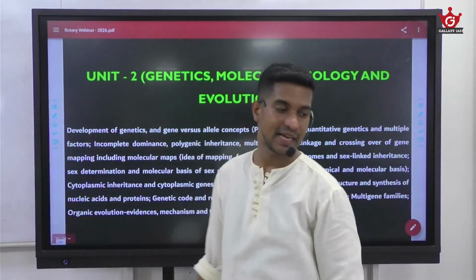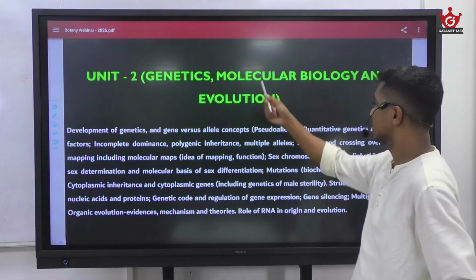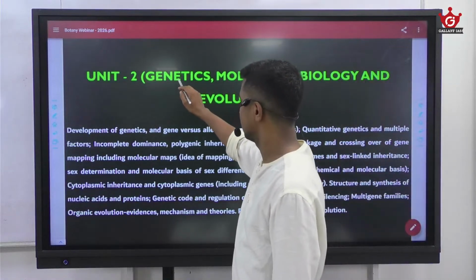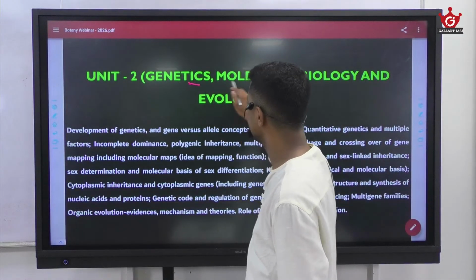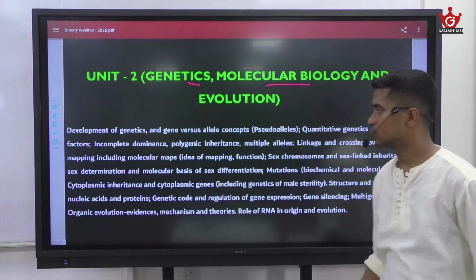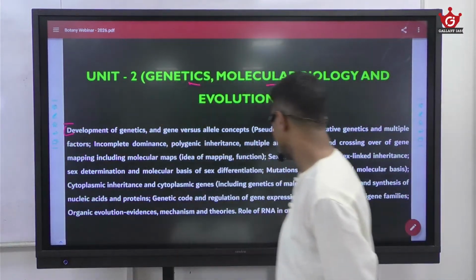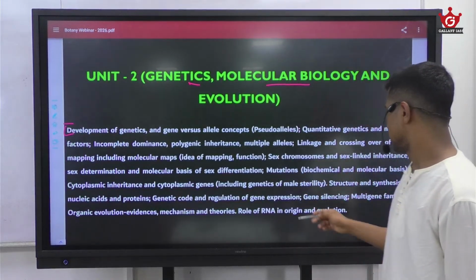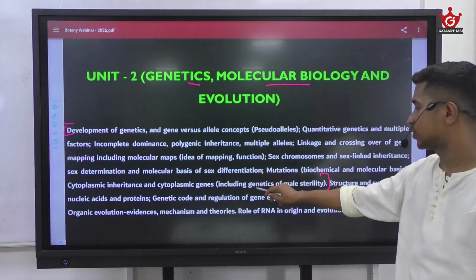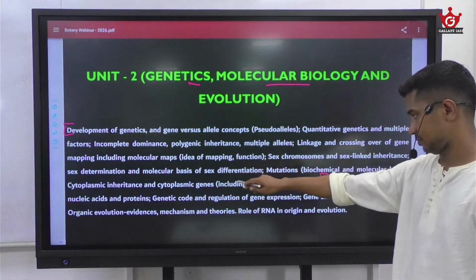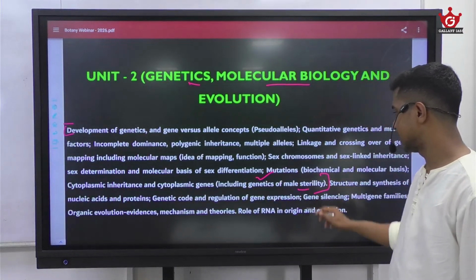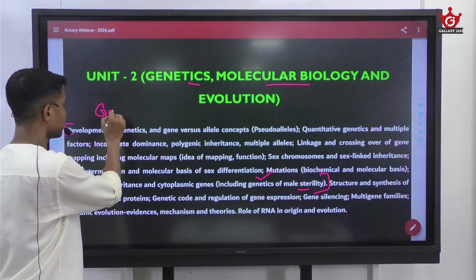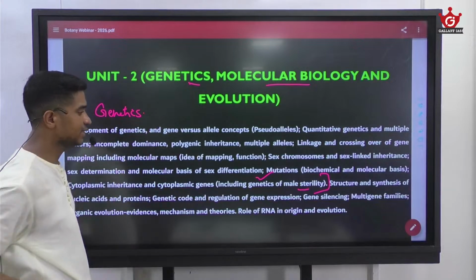And the second unit, which is genetics, molecular biology and evolution. So here it has 3 sub-units: genetics, molecular biology and evolution. So development of genetics up to cytoplasmic inheritance and cytoplasmic genes, including genetics of male sterility. This part comes under genetics.